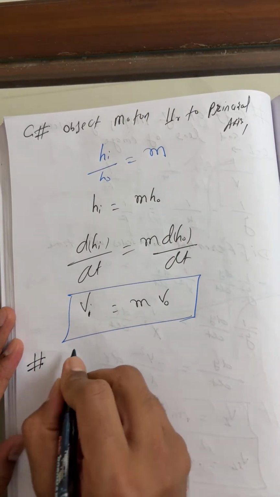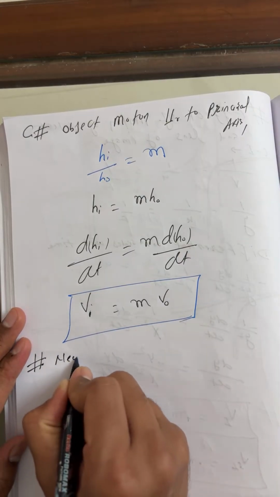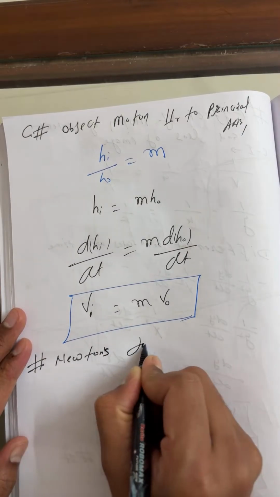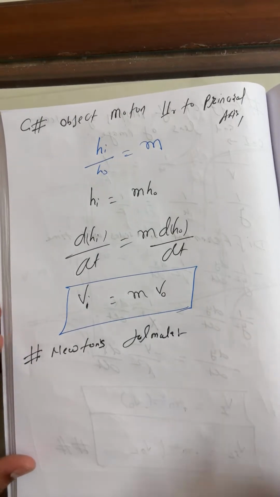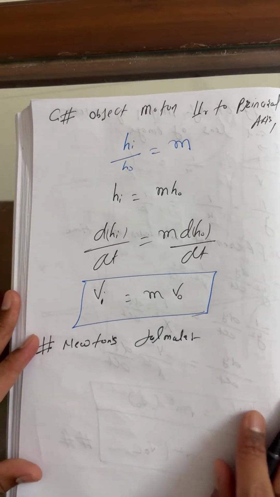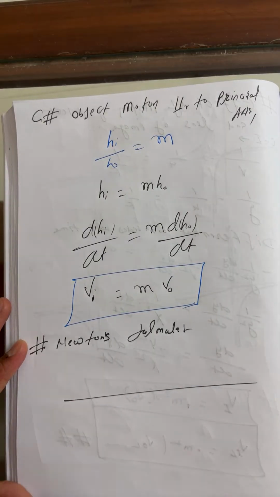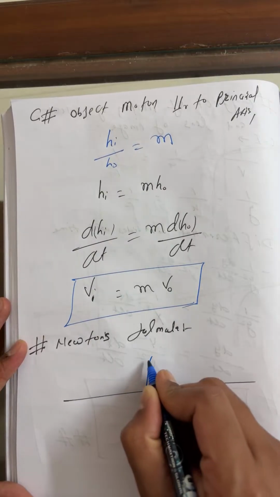Next, this is Newton's formula. So, this is the principal axis. This is the lens.